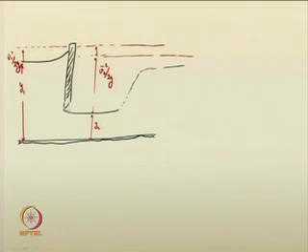And we are drawing an energy line somewhere here, and this is V 2 squared by 2 g, the velocity head at this section. This is the energy loss between section 1-1 and section 2-2. And if a hydraulic jump is formed here, you can take it as section 3, and this is y 3, and this particular quantity we can give as V 3 squared by 2 g. Okay.